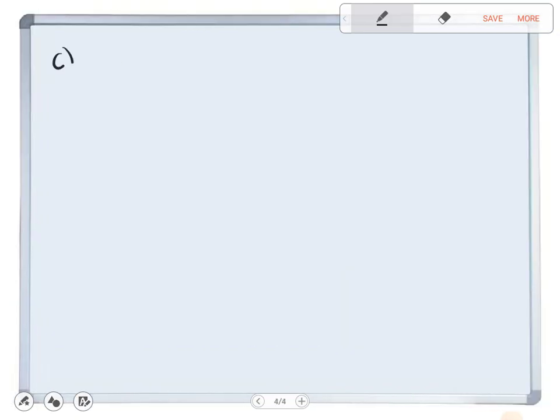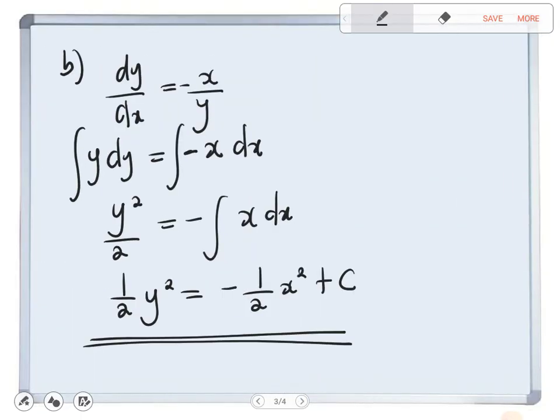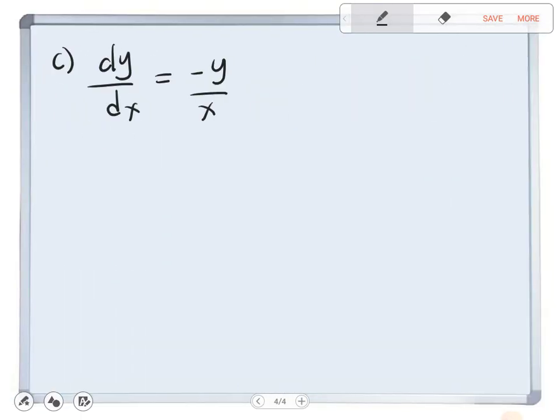C. The c is dy dx is equal to negative y over x. It's different from here because here we're having x on top, and here we're having y on top. We still have to separate the variables. So what I want is this, ladies and gentlemen: dy should have y.